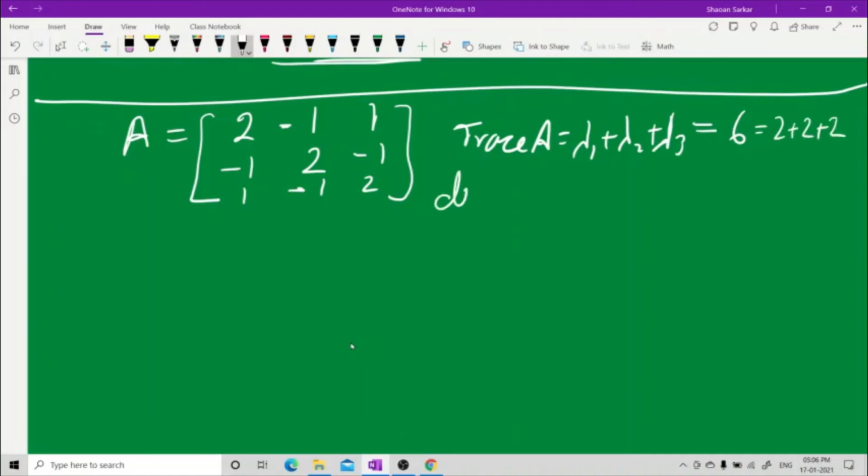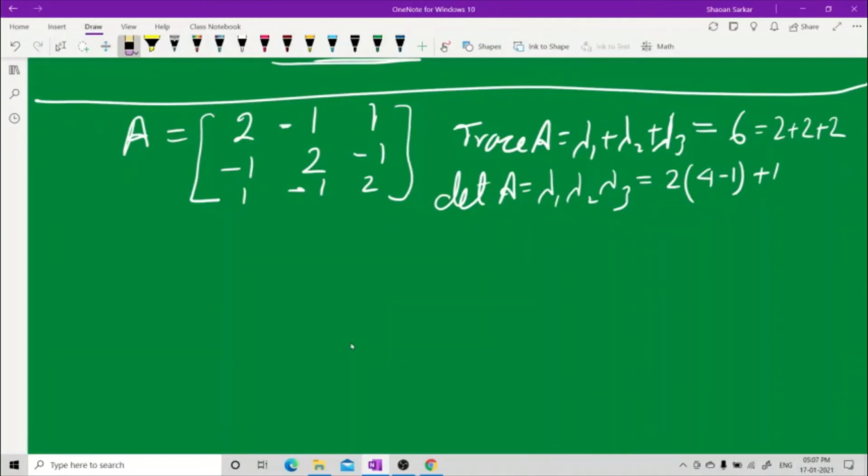Now determinant A is lambda 1 times lambda 2 times lambda 3. Let me find the determinant of this matrix straight away from here. This is 2 times 4 minus 1, plus 1, because of the minus sign here it is plus 1 there.